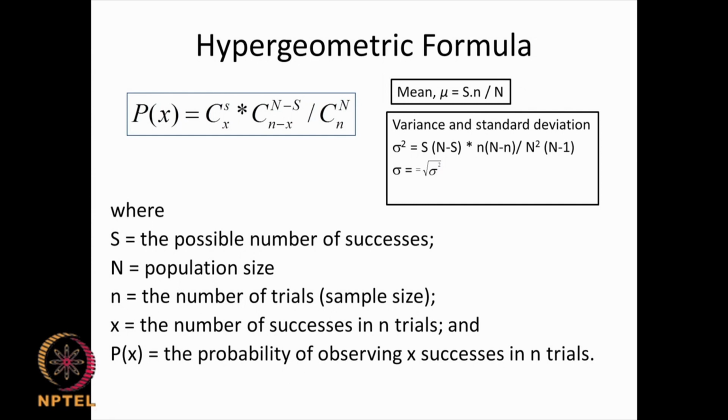When I take a sample of size small n, then x is the number of successes, whereas in the population of capital N, capital S gives you the possible number of successes.